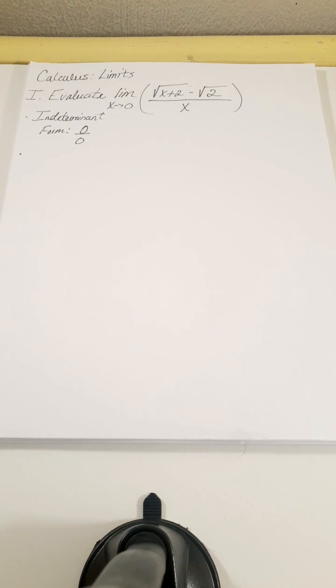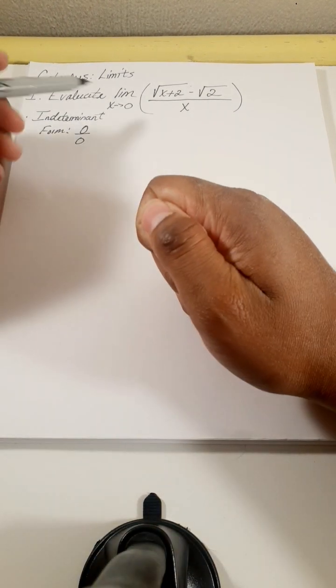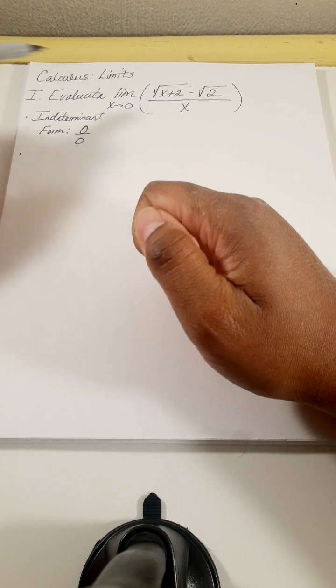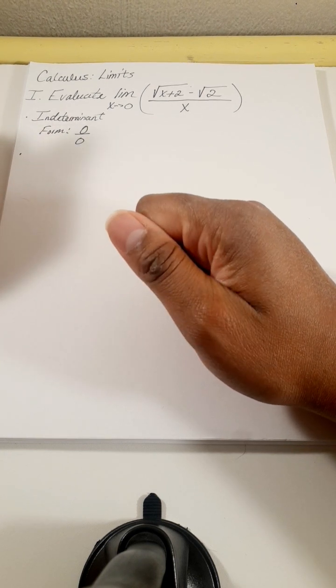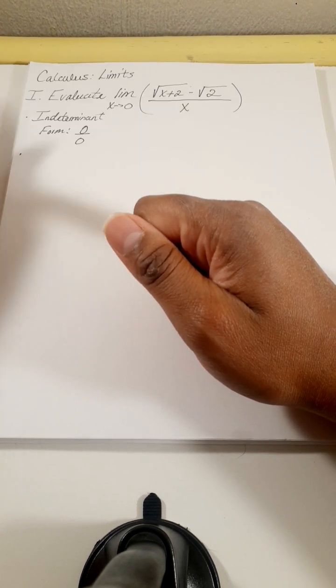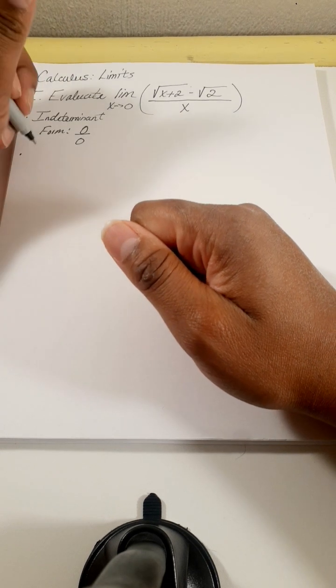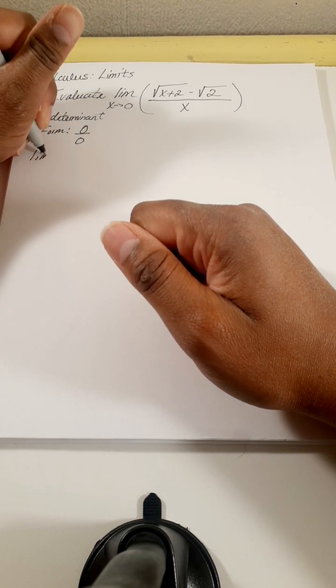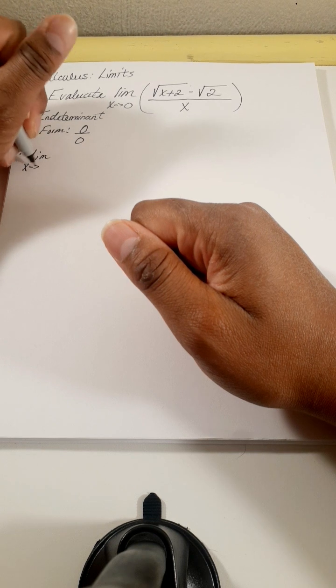In this case, I'm going to go ahead and do some rationalization. The great thing when you have limits that contain square roots is you can rationalize and multiply by the conjugate and see if that simplifies things out for you. So let's go ahead and do that. Let's write this as the limit as x goes to 0.